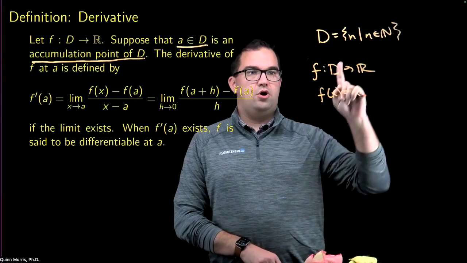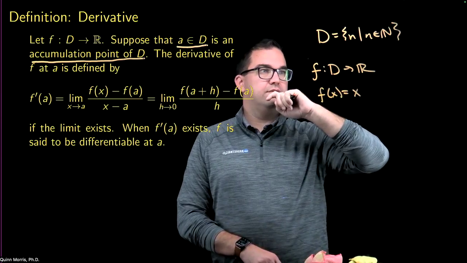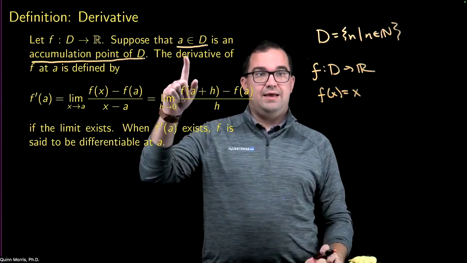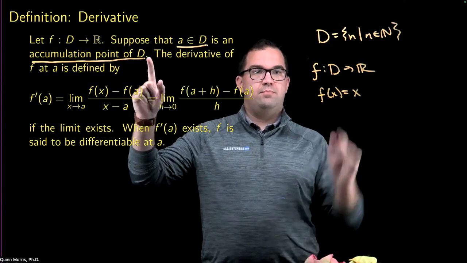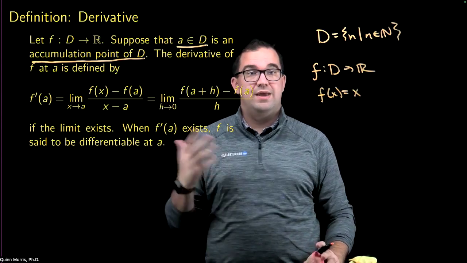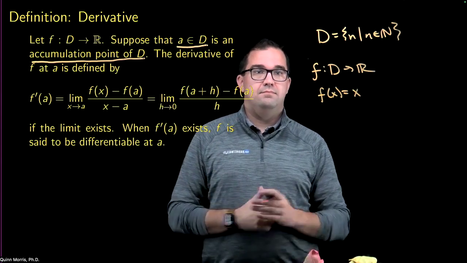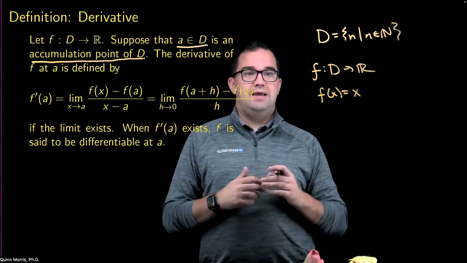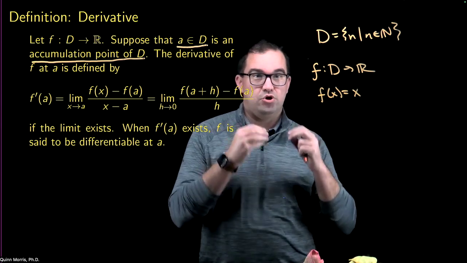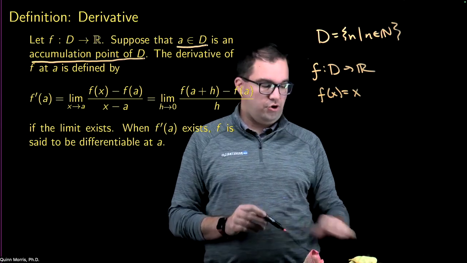And let's say you wanted to talk about the derivative at 2. Well, 2 is in your set, but every point of this set is an isolated point. So 2 is not an accumulation point, so you can't talk about the derivative. So again, you need both. You need the point to be in your domain and to be an accumulation point of your domain in order to talk about the derivative.